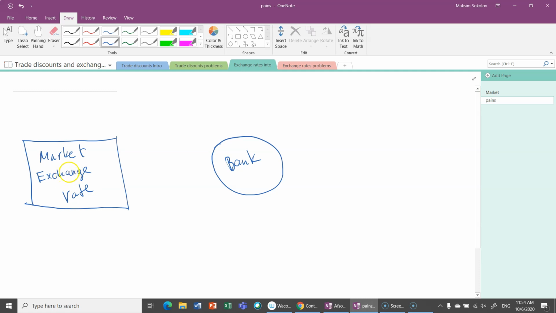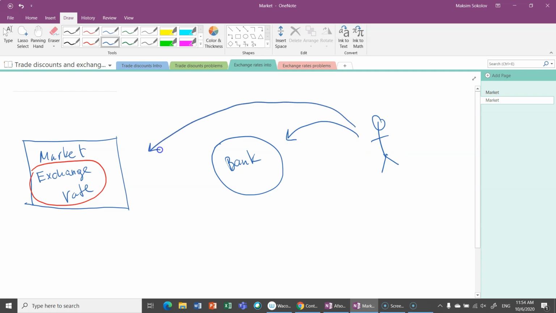This exchange rate is the price at which the bank has access to buy or sell currency. But consumers do not have access to the market. Consumers have access to the bank, but consumers do not have access to the market.